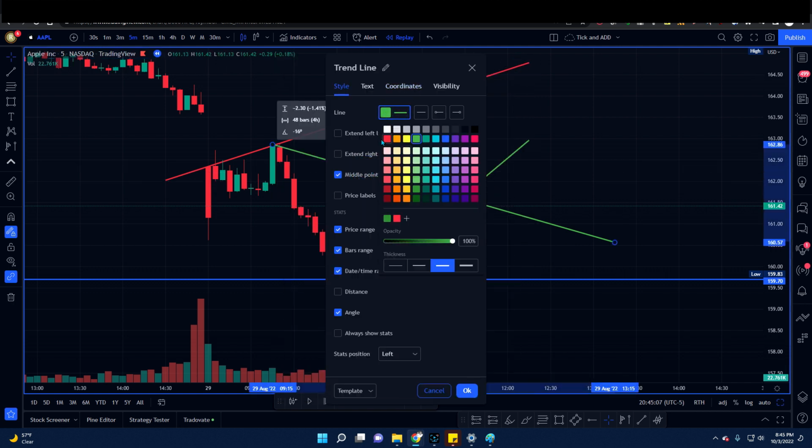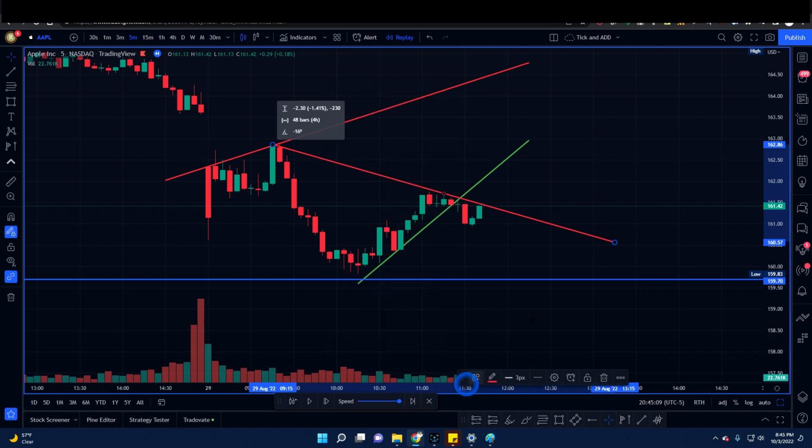So now I expect selling at this trend line. And since this upward sloping trend line has flipped to downward sloping, I would be interested in taking a trade off of this.